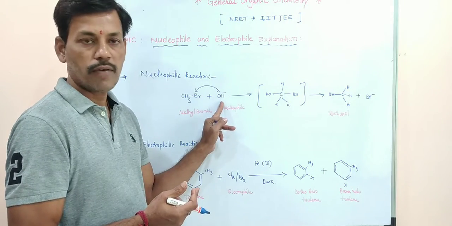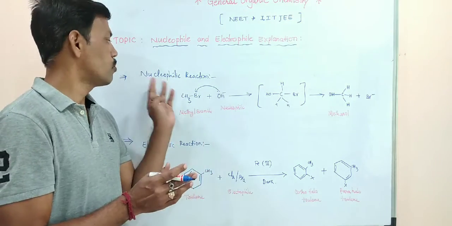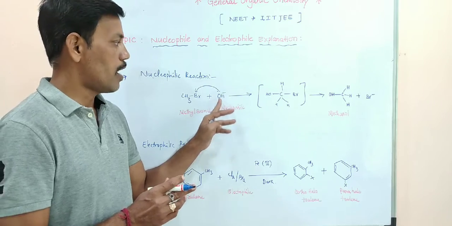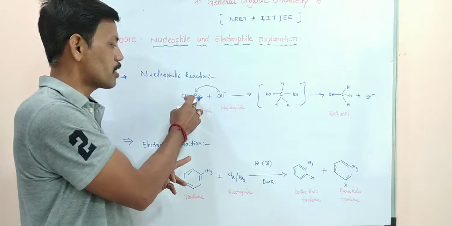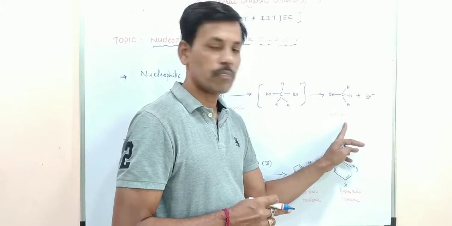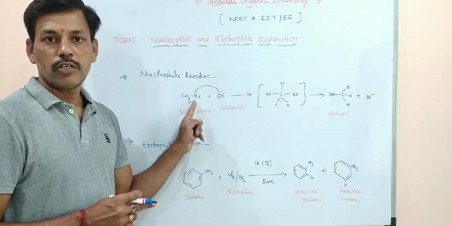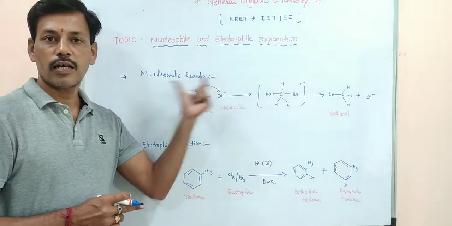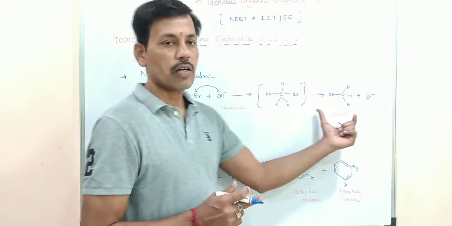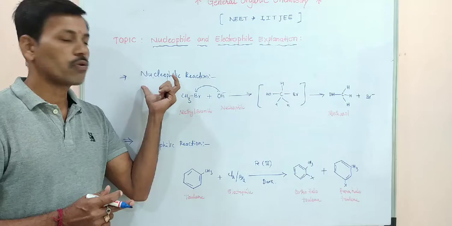So the nucleophile is initiating the reaction, so this type of reaction is called a nucleophilic reaction. Here the nucleophile is the hydroxide OH minus ion, and it replaces bromine in methyl bromide and forms methanol. This nucleophile is donating an electron pair to the substrate, so this is called a nucleophilic reaction.